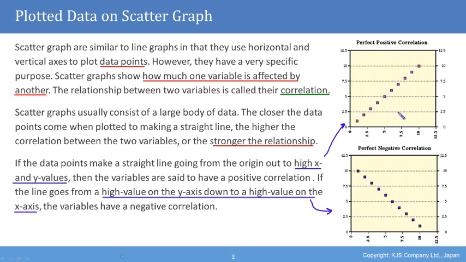And so these two are known as the examples of perfect positive correlation and perfect negative correlation, where the data points are absolutely lying on the same line in each case.